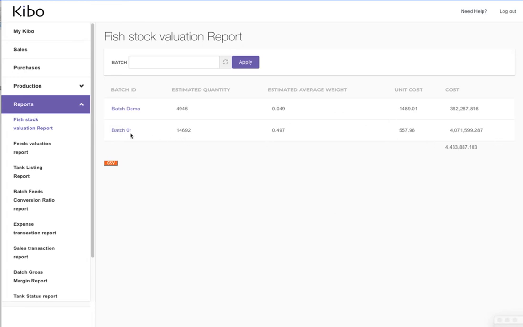You will notice that as you feed and as you grow, your unit cost keeps coming down. So when it gets to a certain point, you can say, okay, now I'm ready to sell. So for example, if I decided to sell this batch here based on what I've fed so far, I can say, oh, this is the melange group.